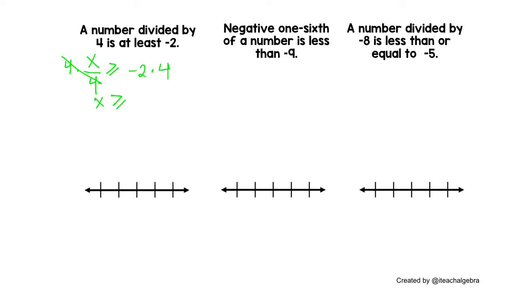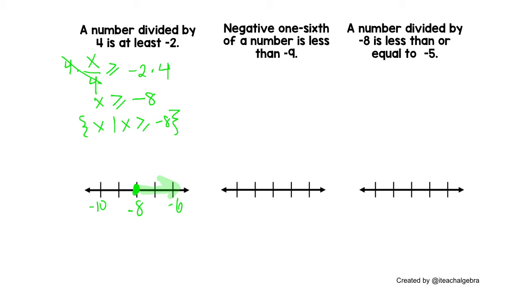It's greater than or equal to -8. Solution set notation looks a little something like this. x given that x is greater than or equal to -8. We can put it on our number line. It's going to be a full dot at -8, and it will be pointing to the right.